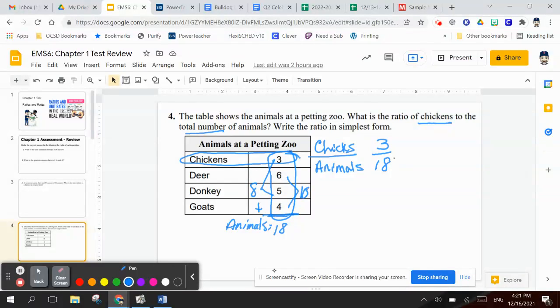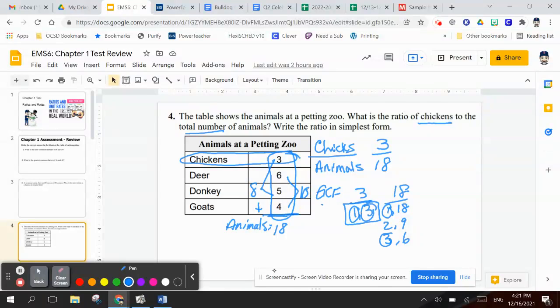So again, to put these in the simplest form, I'm going to write my greatest common factor. Factors of 3, 1 times 3. It's a prime number, it only has 2 factors. 18, 1 and 18, 2 and 9, 3 and 6. So which numbers here under 3 are also in 18? That would be 1, and it would be 3.